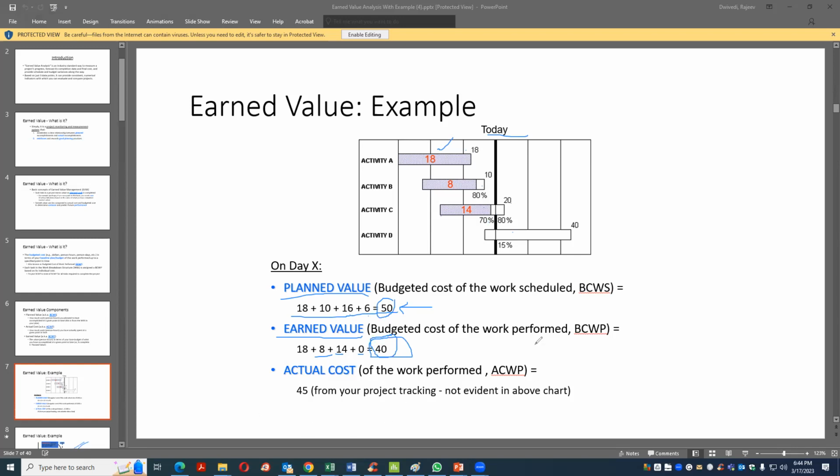And now look into that. Here you can get the actual money spent, or actual cost spent so far, which is 45. From the project tracking, from the budget, from the spending, that is 45. So these are all three numbers. Now you can do all the calculations.